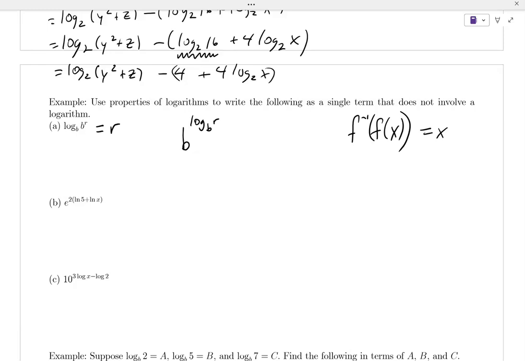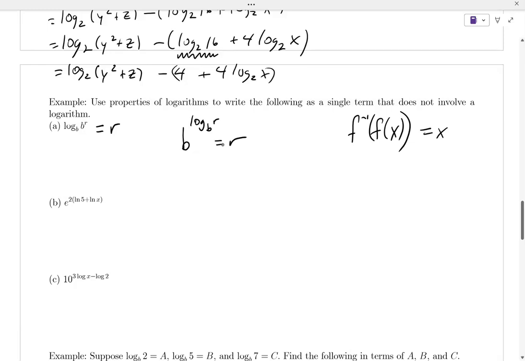This says take an input, put it in the function, take that output and put it in the inverse function. Where should I get back out to? Well, the R again, yeah. Where I started. I'm starting by plugging R into the log, taking that output and plugging it into the exponential. That's the same idea as this property. This is the whole point of doing logarithms. They undo the exponentials and vice versa. Exponentials undo logs. So this also should equal R.